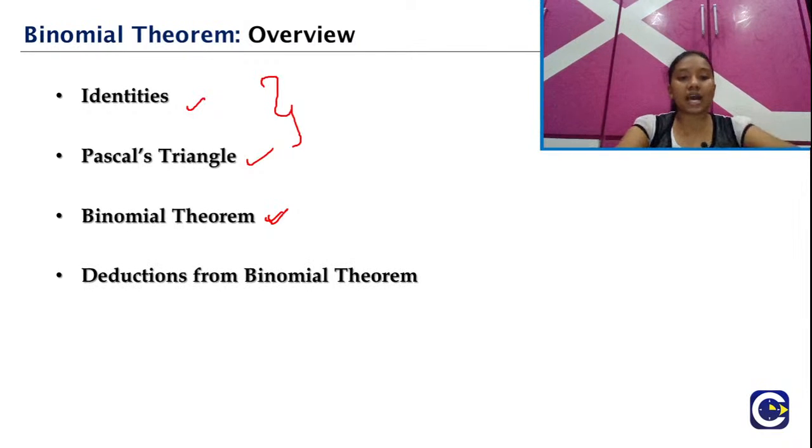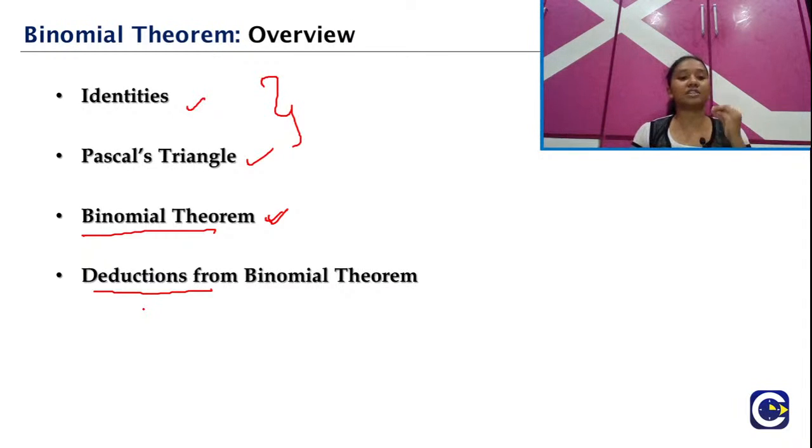Once we have started discussing our binomial theorem, the next steps will obviously be related to that. The next concept we are going to cover after the binomial theorem is deductions. There will be slight changes here.